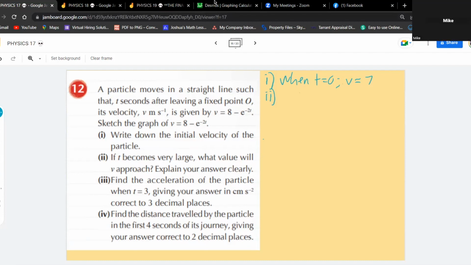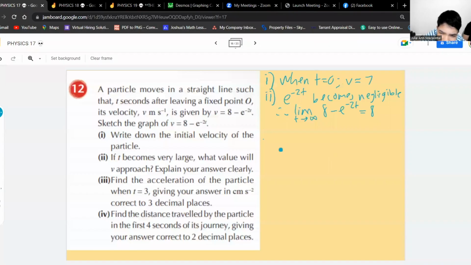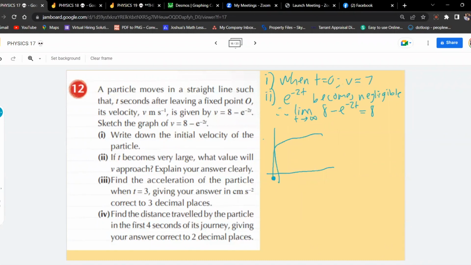Tapos kailangan mo lang naman i-track when v equals 0. Okay. So yung e to the... Something like this.